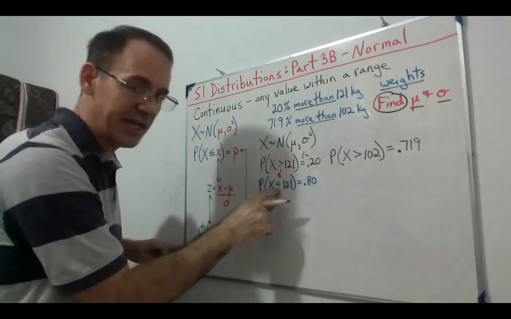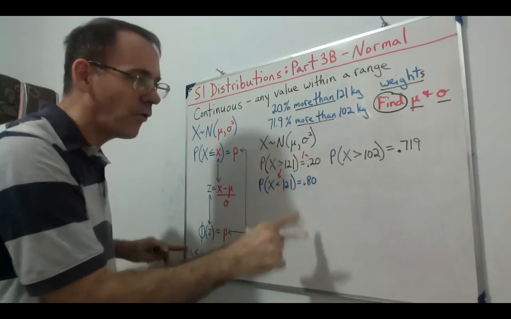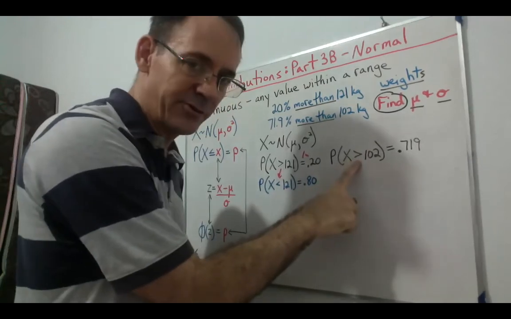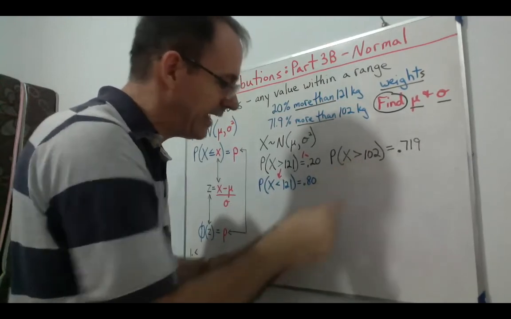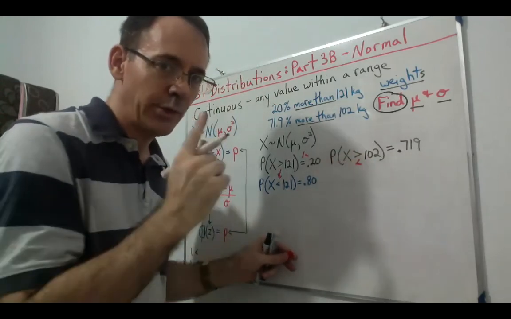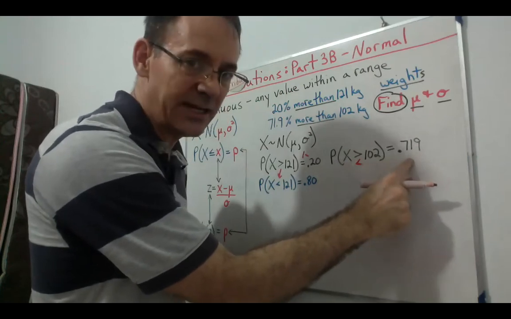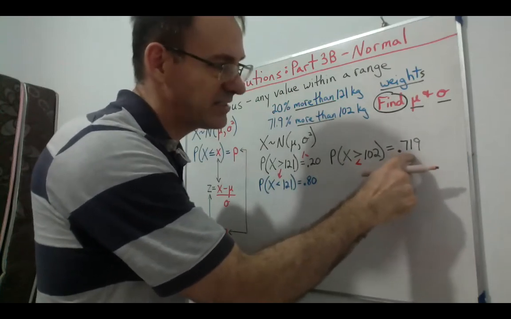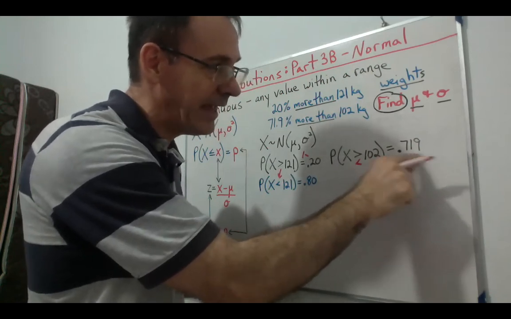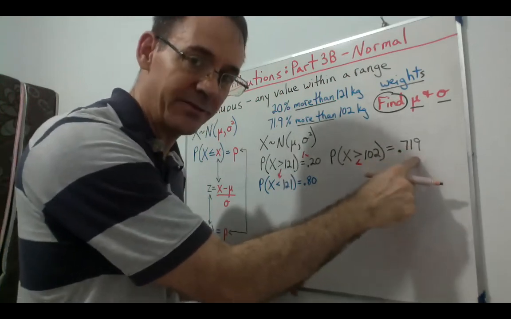So this is what balances this. We made this change. When we get over here, we also have a greater than. Even though we want to flip the inequality, we can't yet, because if we do 1 minus 0.719, that's going to give us 0.281, and we can't look up 0.281 on the phi z chart.